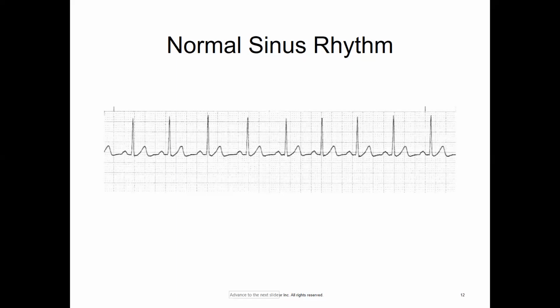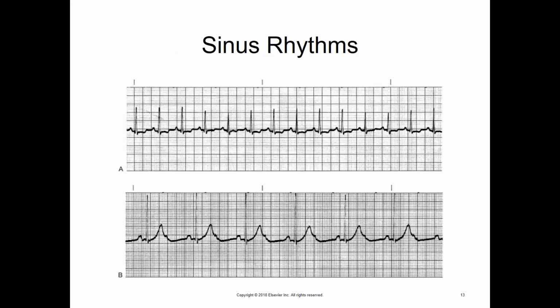Now, not all normal sinus rhythms will look like that. This represents two kind of different looking sinus rhythms, but they're both normal. They're both sinus rhythm. So who can tell me what the first rate is? The first one is sinus tachycardia. 12, so it'd be 120.